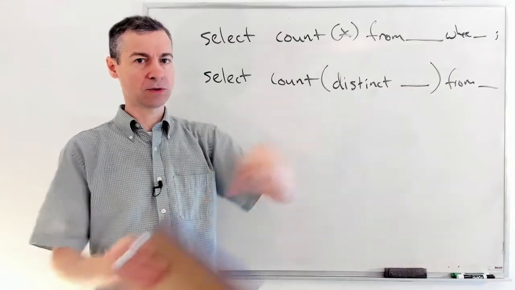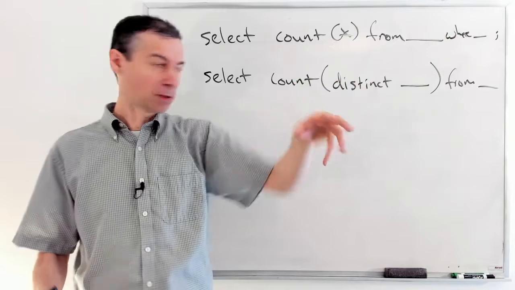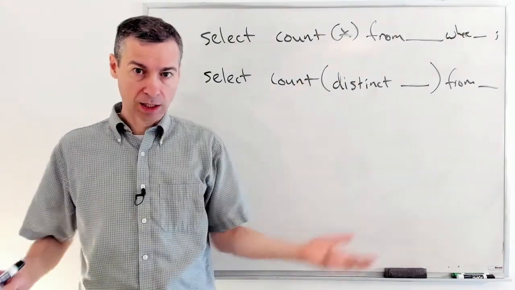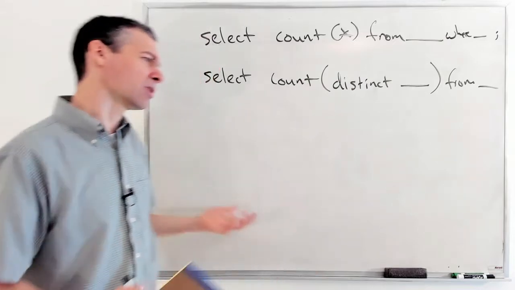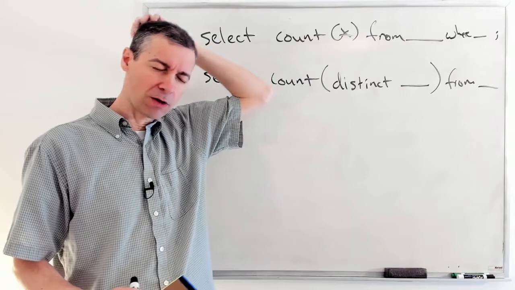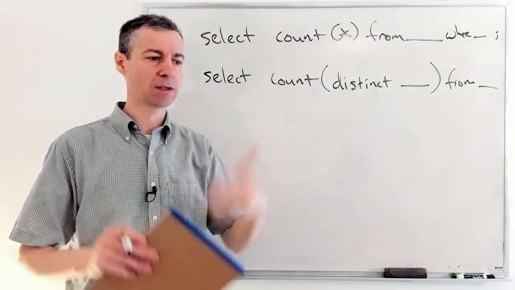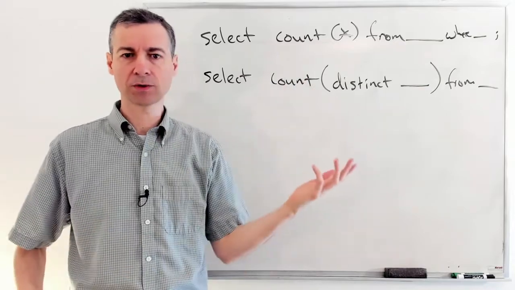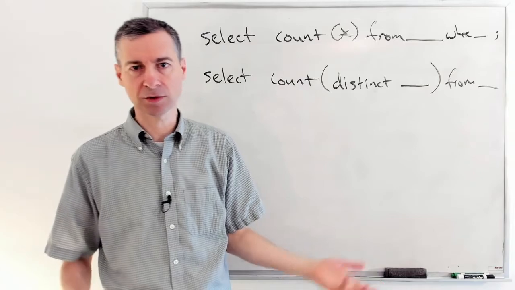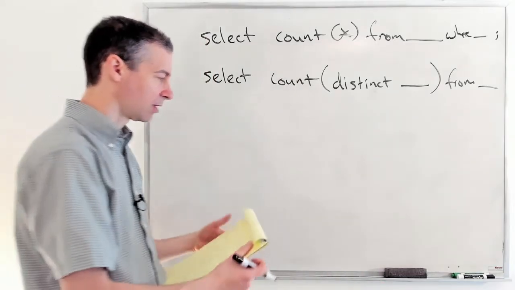So what I want you to do is take all of these things, remove the duplicates from them, now give me the count. So this way I can know how many unique things there are. There are all sorts of reasons I might have duplicates in my result set, for example if I'm returning customer IDs. So I want to count the distinct ones. How many unique customers do I have? So that's very handy.